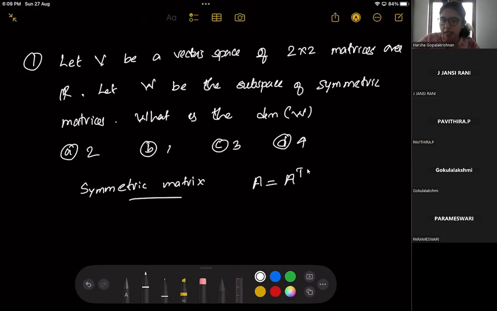A transpose means just interchanging the rows and columns of the matrix A.